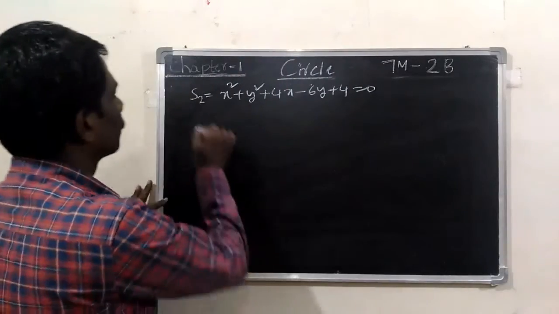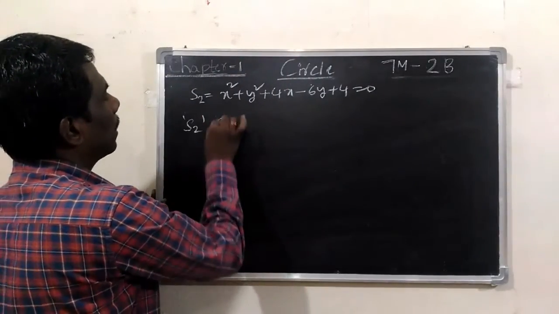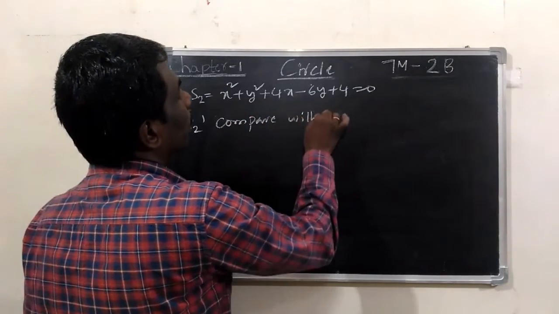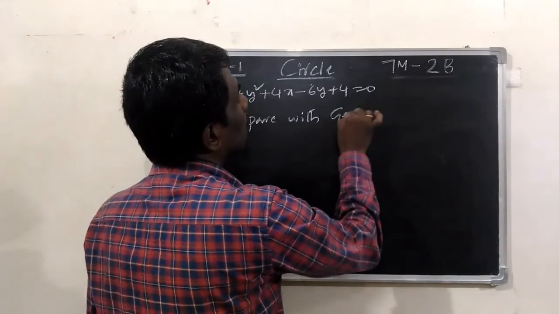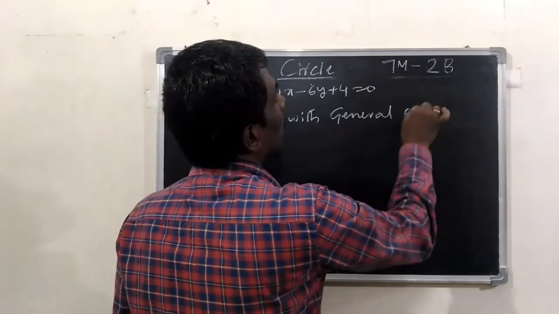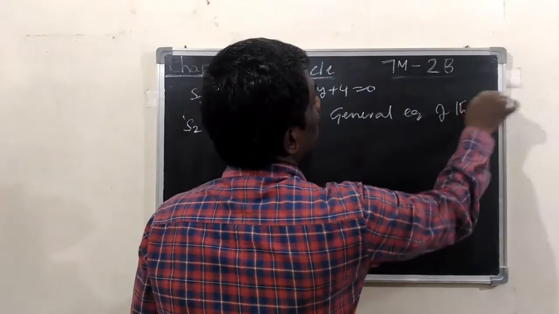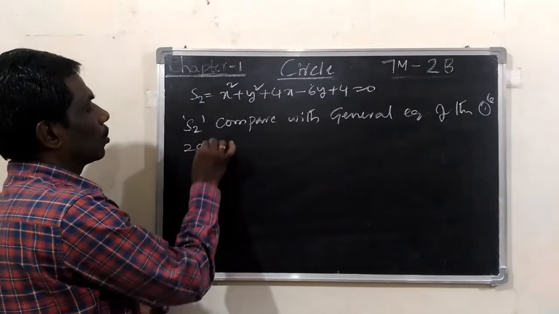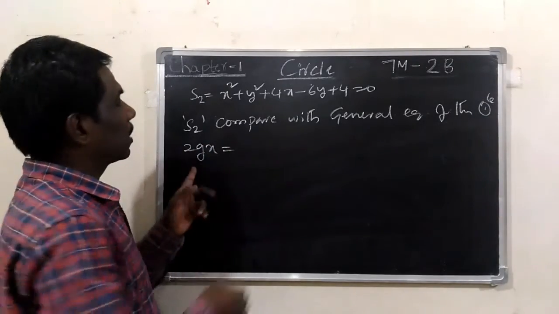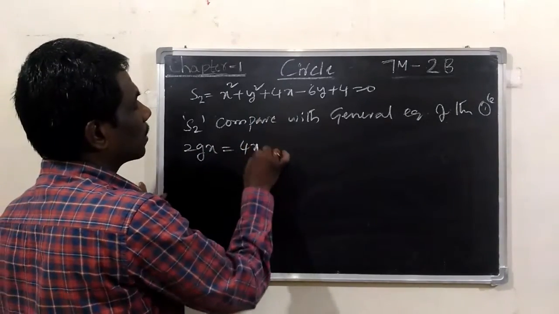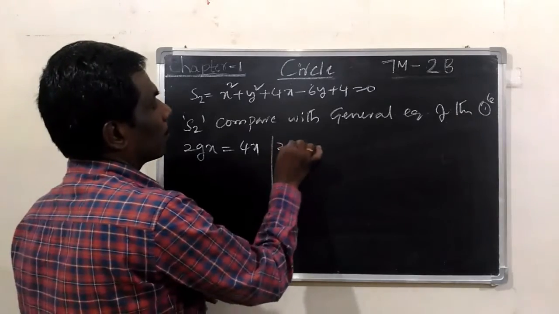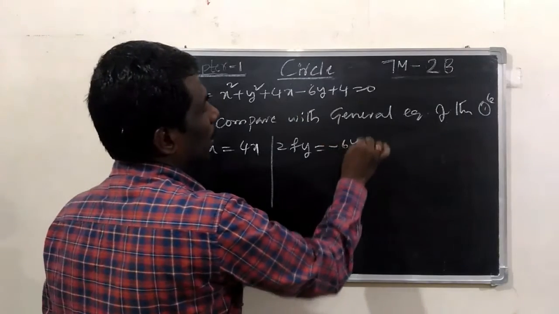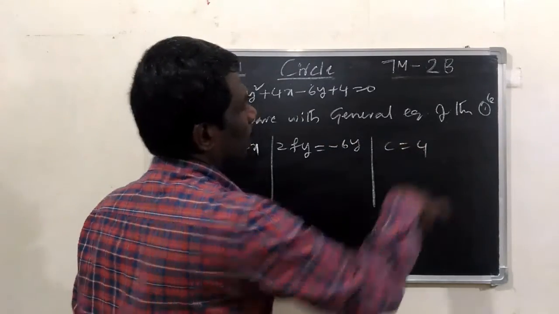Now this S2, compare with the general equation of the circle. So 2gx is equated with the x term, 4x, and 2fy is equated with the y term, minus 6y, and c equals 4.